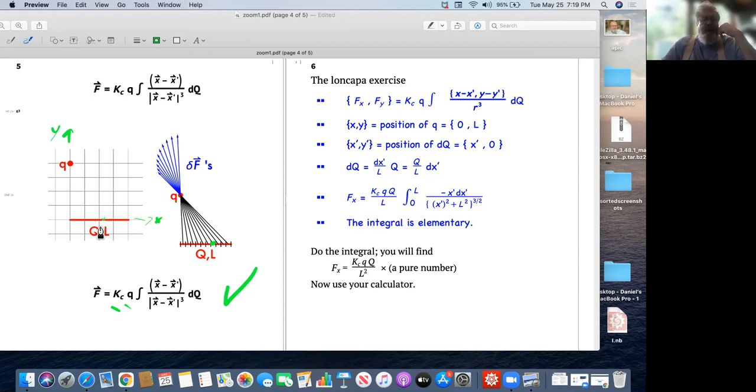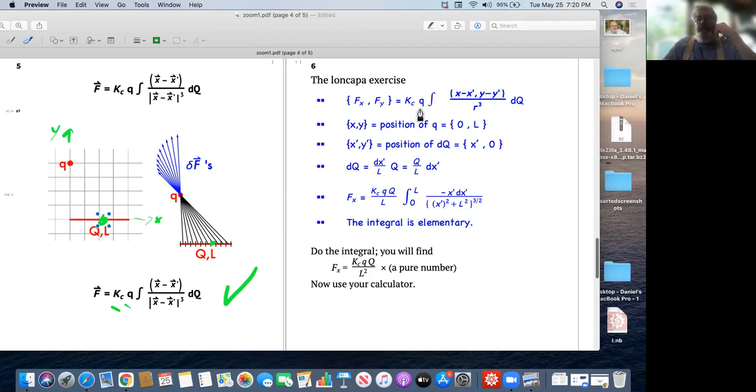And x prime, y prime is a point down here. Let's put this point here, it is going to be dq. What are its coordinates? Well, it's x prime, 0. It's some value on the x-axis. I'll call that x prime. And it's at y equals 0.